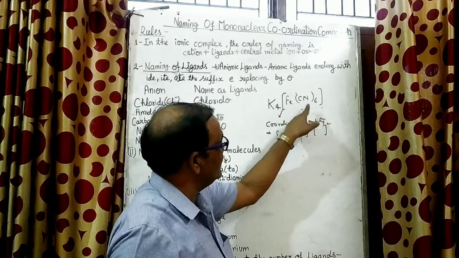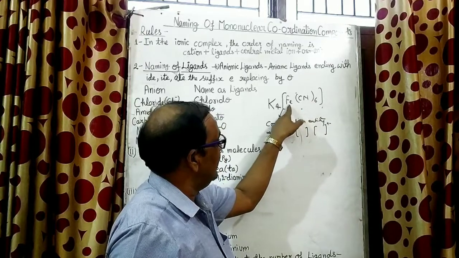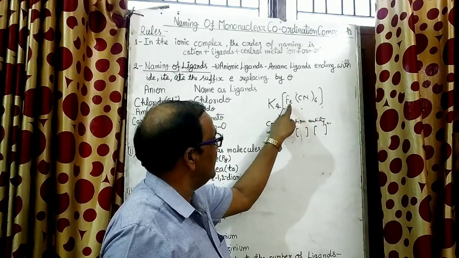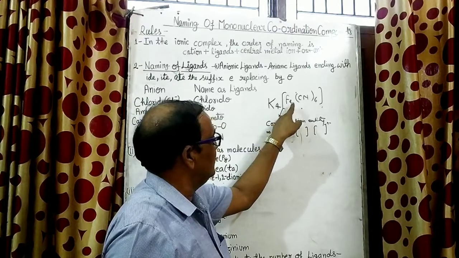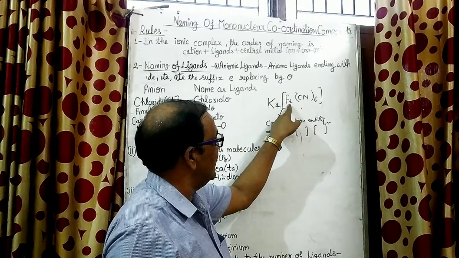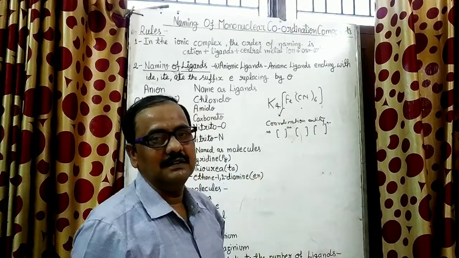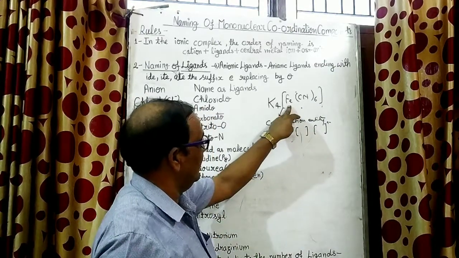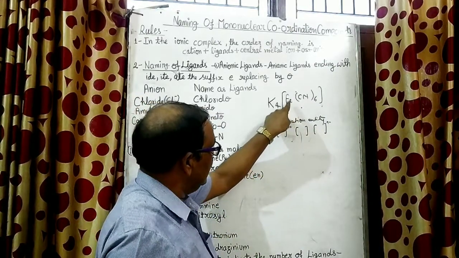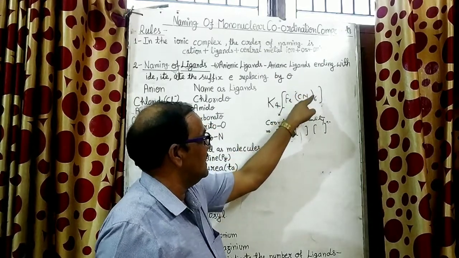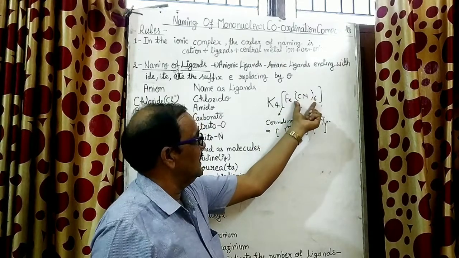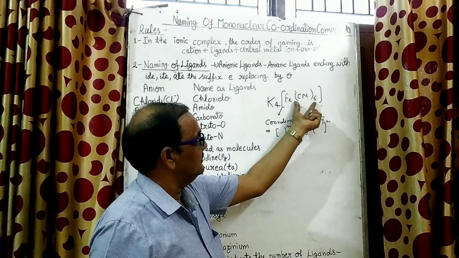Inside the coordination sphere, there is a central metal ion. Usually, central metal ions are atoms belonging to the d and f block elements. With the central metal ion, some donor species are attached, known as ligands.